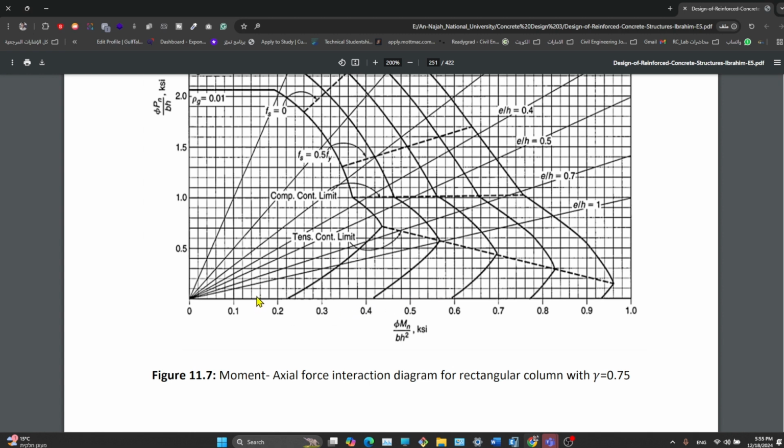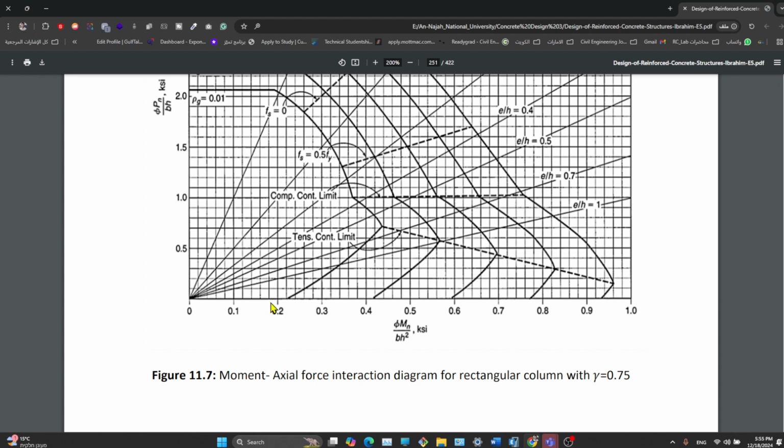So the graduations here, 1, 2, 3, are from 0.8 to 0.9, 0.9 to 1. So each square here is like 0.01, 2, or we have 1, 2, 3, 4.